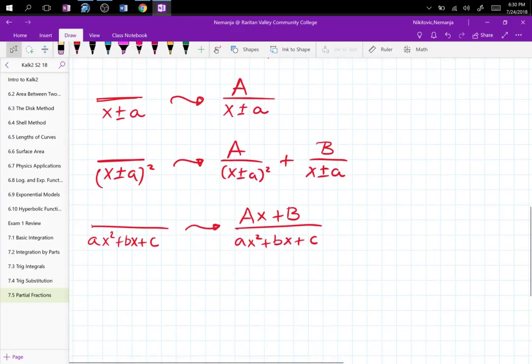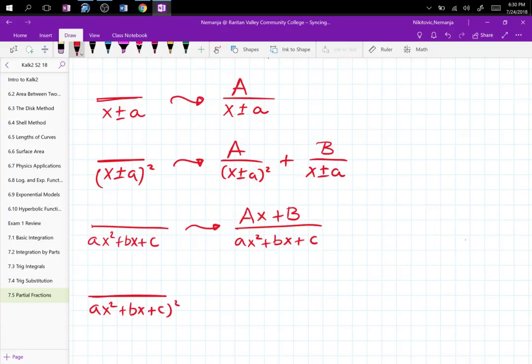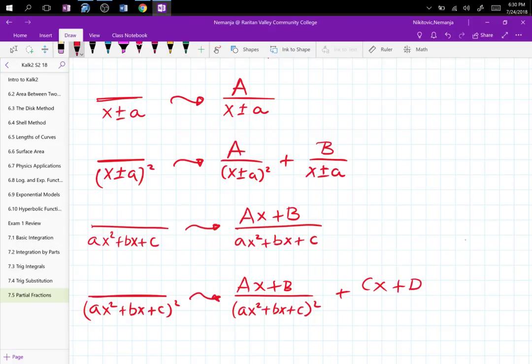And finally, if you have the repeated one, so ax squared plus bx plus c, squared, then that will be Ax plus B divided by ax squared plus bx plus c squared, plus Cx plus D divided by ax squared plus bx plus c.